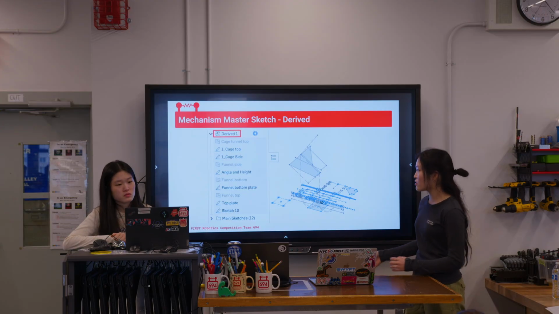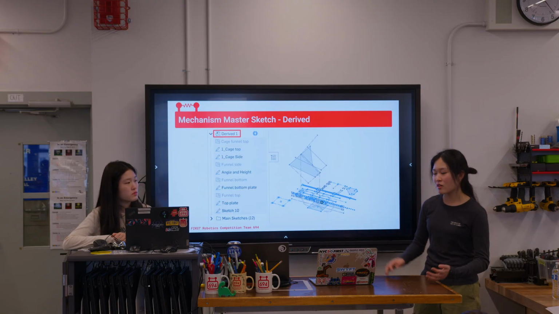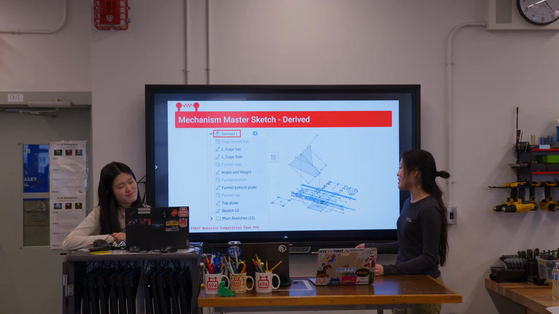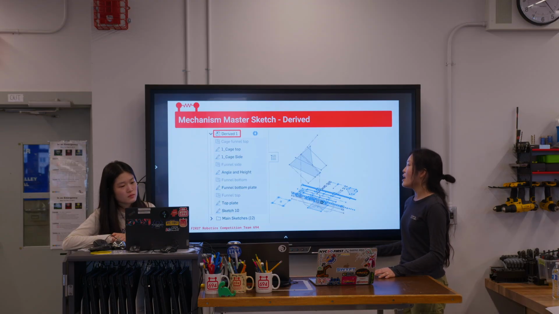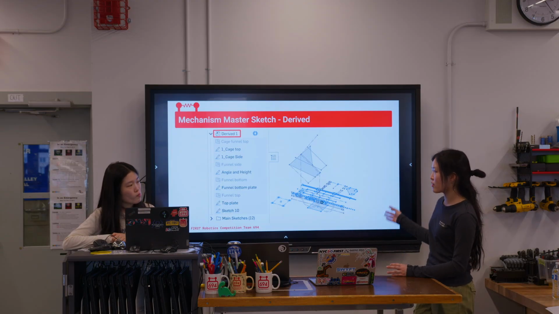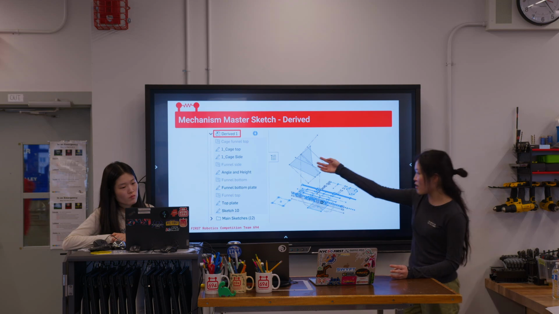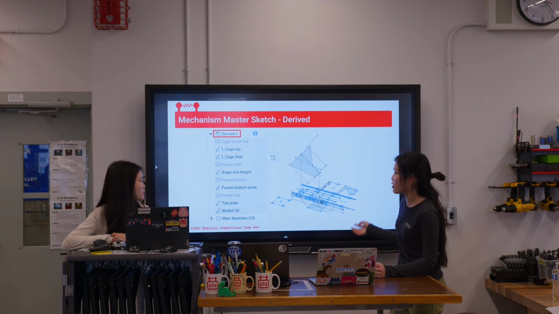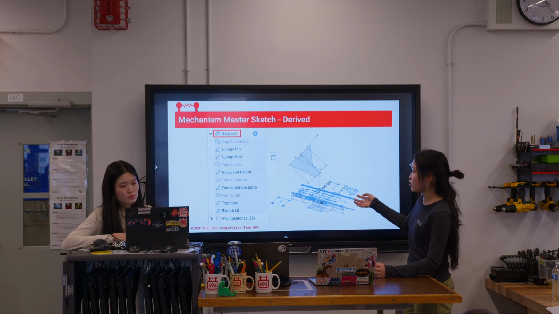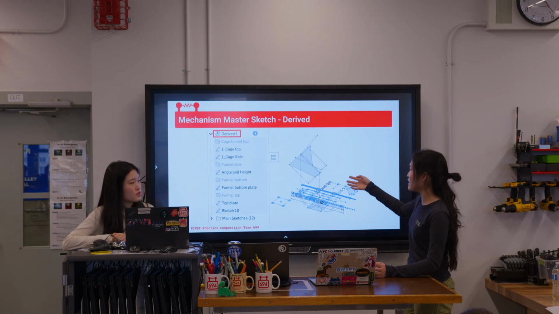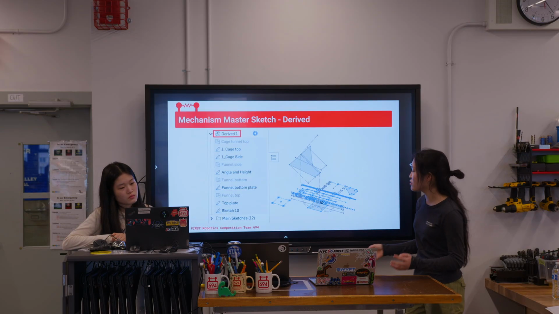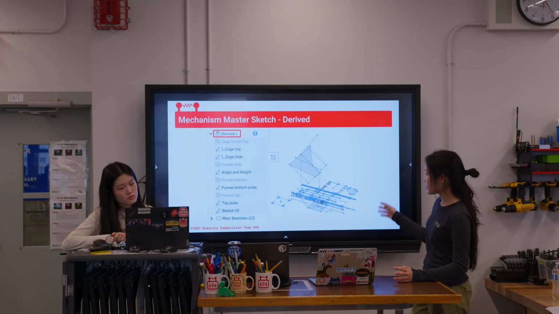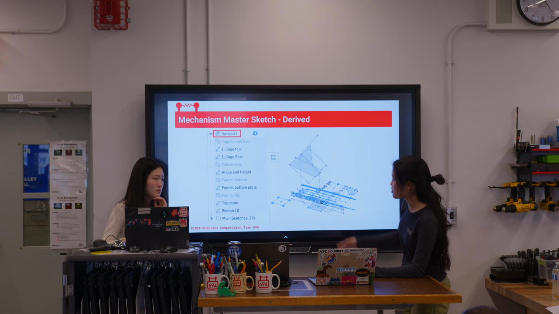Like for the funnel, I'll create a new document called the funnel, and then this will be a new part studio unrelated to the robot's master sketch. Since I do need the important features of the robot master sketch, I'll use the Derive tool to import the important parts that I need. I don't need, let's say, the elevator sketch for the funnel; usually you don't need every single sketch imported into the part studio.